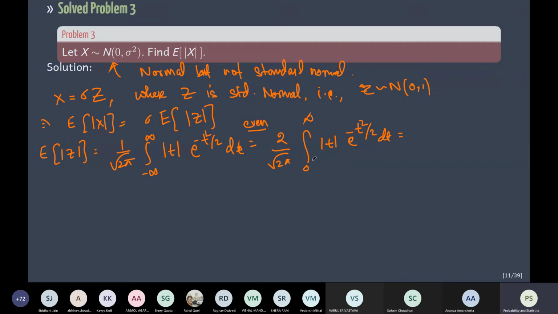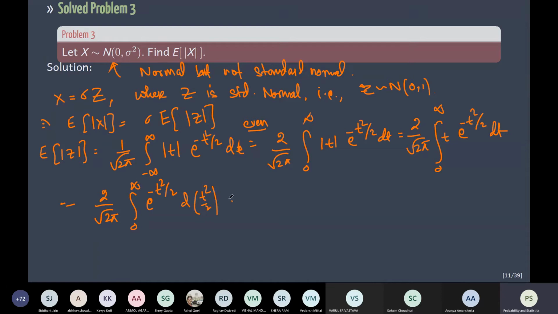And since t is starting from 0, we can remove the absolute value, and I can write just t here safely. Now the integral of this is straightforward in this case, right? Because this is of the form 0 to infinity of e to the minus t square by 2 times t dt.